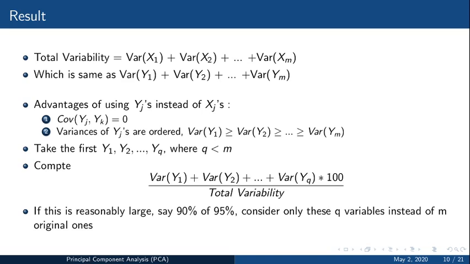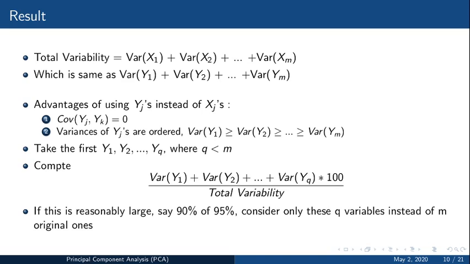What you can do is take the first q y's, that is y1, y2, etc., yq, where q should be less than m. You can compute variance of y1 plus variance of y2 plus etc., variance of yq, divided by the total variability, times 100.